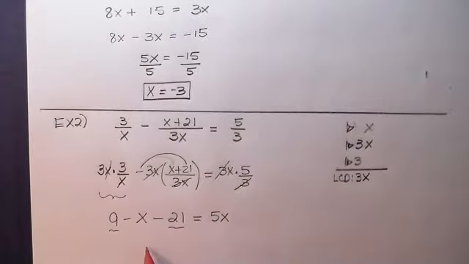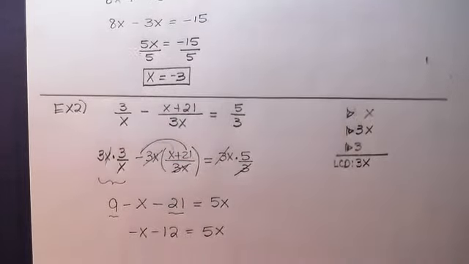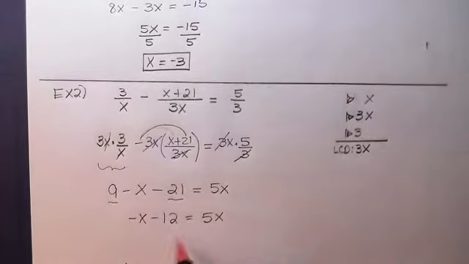So this would be negative x, negative 21 plus 9 is negative 12, equals 5x. Now we're going to solve for x. Let's send the x to the other side.